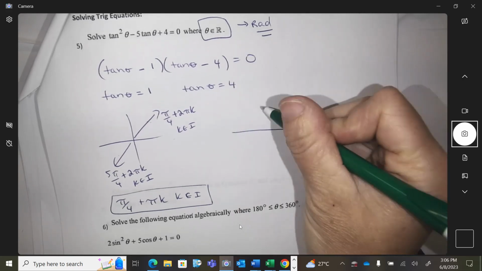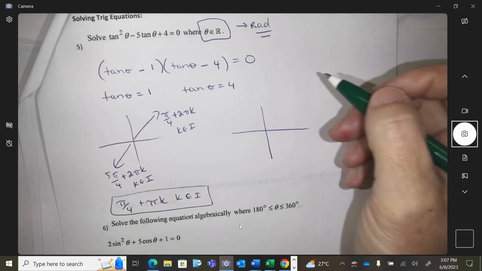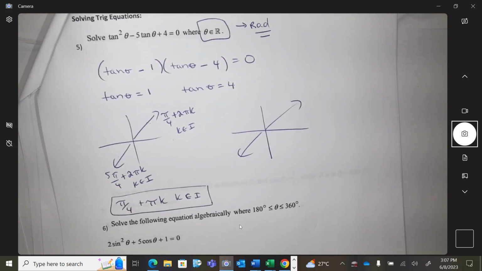Okay. Tan theta equals 4. So what quadrant? ASTC. If the angle has a positive trig value for tan, we are in quadrant 1 and 3 again. So this one is not unit circle related.